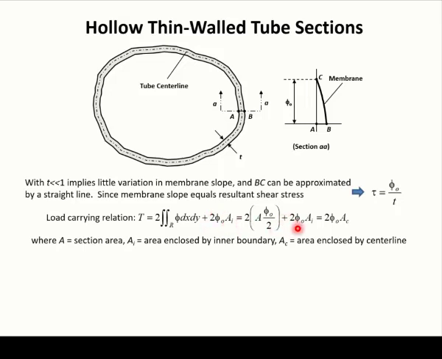This term is 2 A0, the area inside the inner boundary. If you combine this, you can get this formula: 2 times phi 0 times the area enclosed by the center line. They will be very close to each other, but this is the area enclosed by the center line, because I have the inside area, and then here I have this area times phi 0 divided by 2.